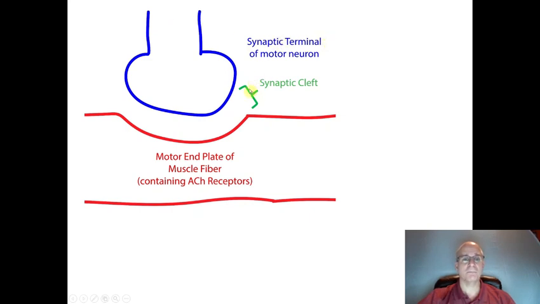We've got the gap or space in between these two cells, and that is called our synaptic cleft. And here we see a little depression in our muscle fiber in which we would normally find these chemically gated sodium ion channels, our acetylcholine receptors. We call this area the motor end plate of our muscle fiber. So be able to draw something like this if asked.